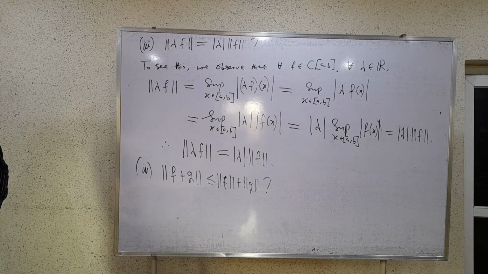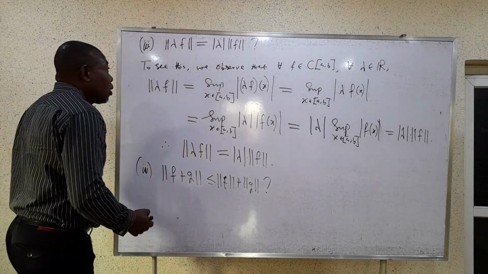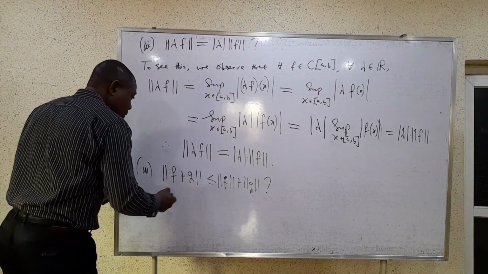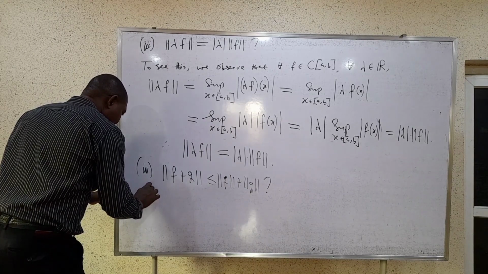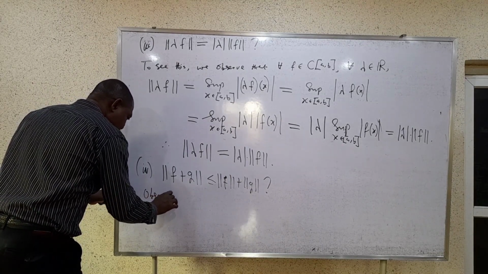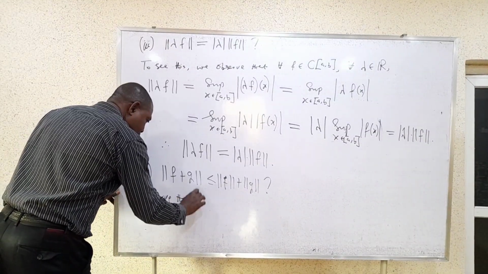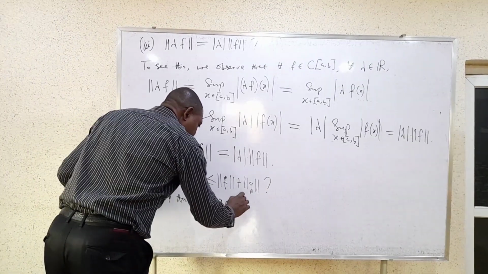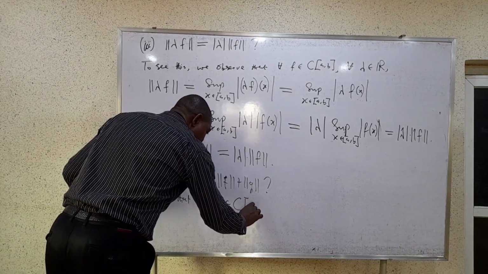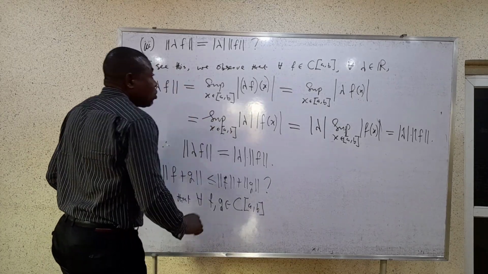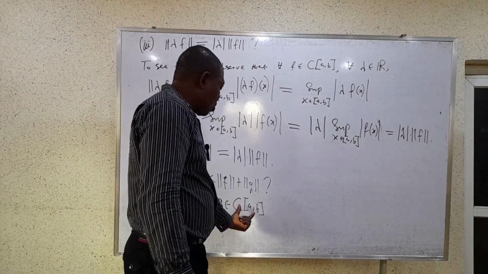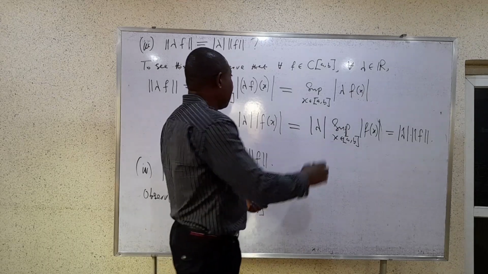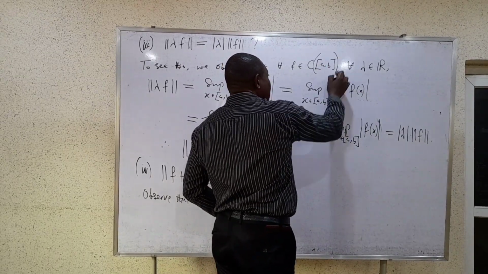So how do we go about this? The same way. I want us to observe that for any f, g in C[a,b]. When I write C[a,b], I can even use this notation, which is even better than what I've been using: putting this in brackets.